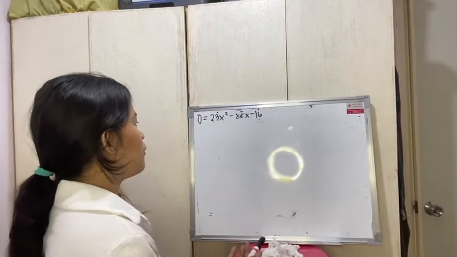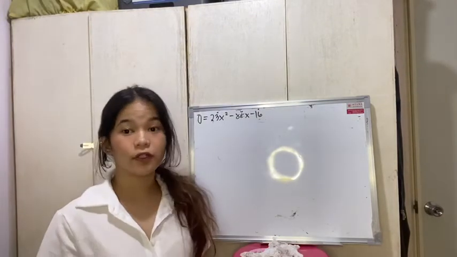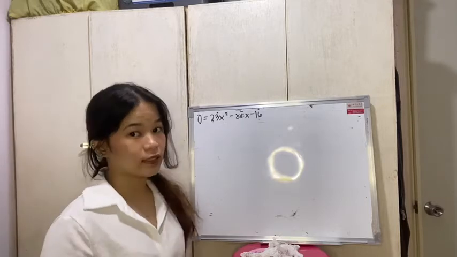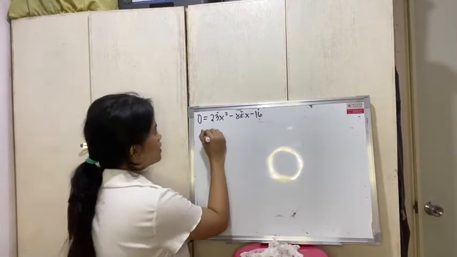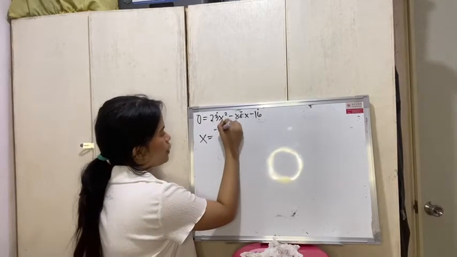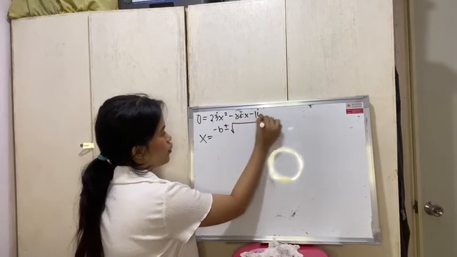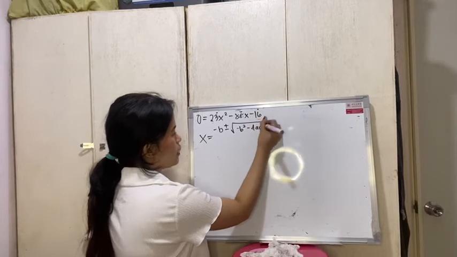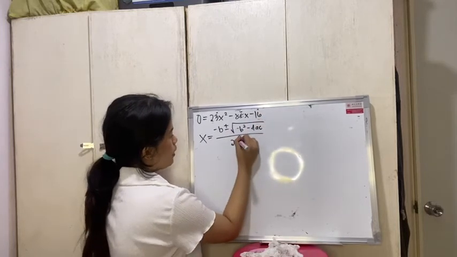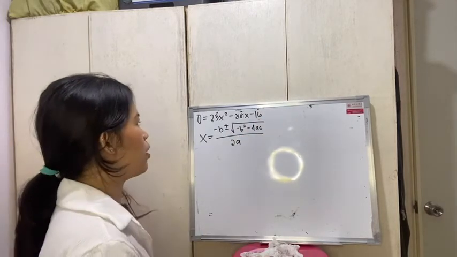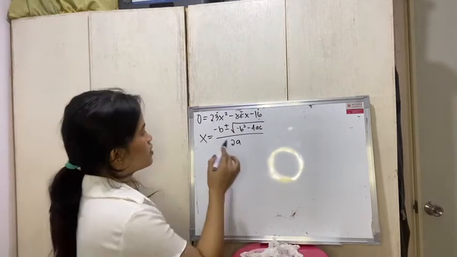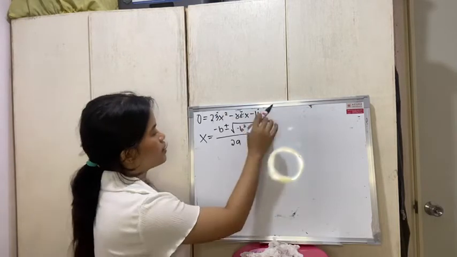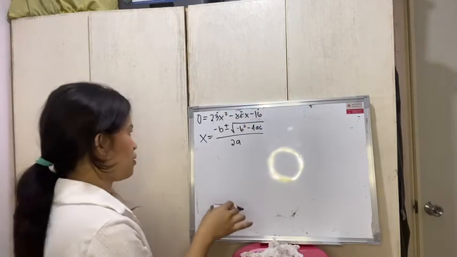Since our quadratic equation is difficult to factor, the best thing to do is use the quadratic formula. So x is equal to negative b, positive and negative, the square root of b squared minus 4ac, over 2a. In this example, a is 23, b is negative 8, and c is negative 16.